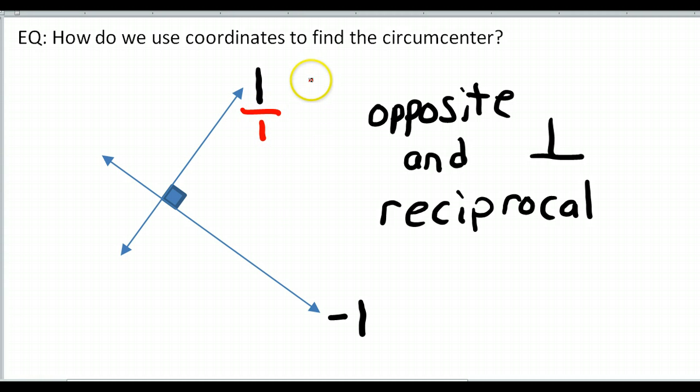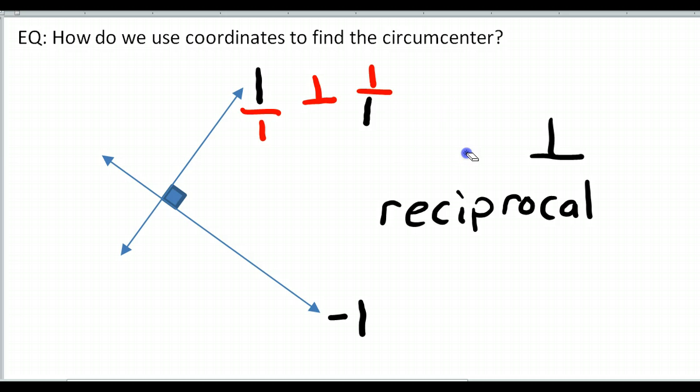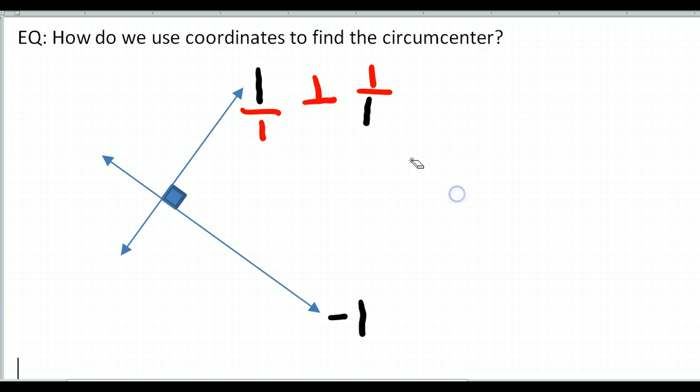Well, if I want to go perpendicular, the reciprocal of 1 over 1 is still 1 over 1. But of course we have to change the sign and make it negative. And negative 1 over 1 is just negative 1.